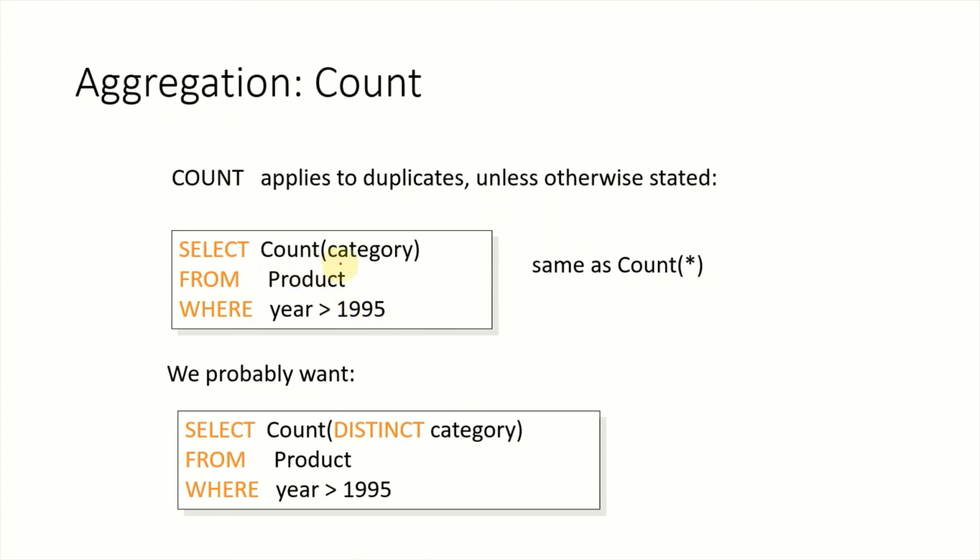We can count category in this way, and also we can count category with distinct if there are repeating values under category, like in our example there was a gizmo and gizmo was repeating. So for avoiding repetition we must use distinct, and we have the same procedure.